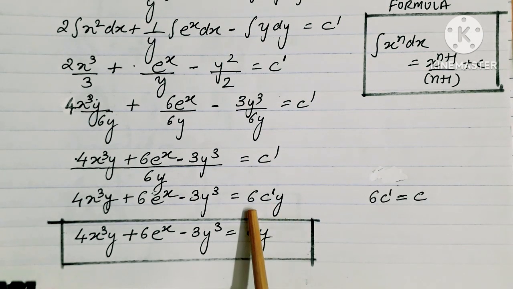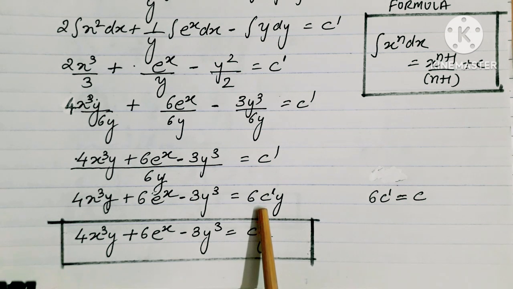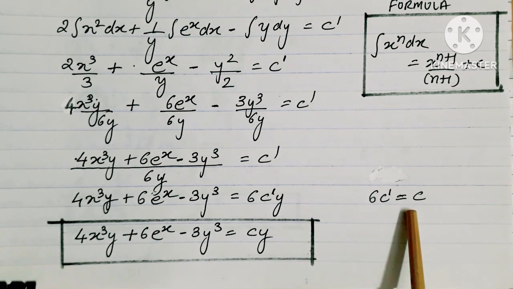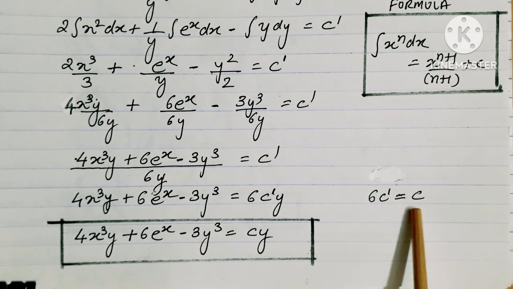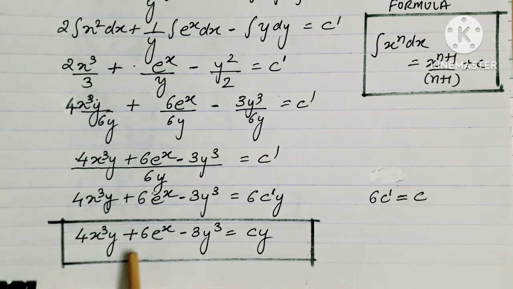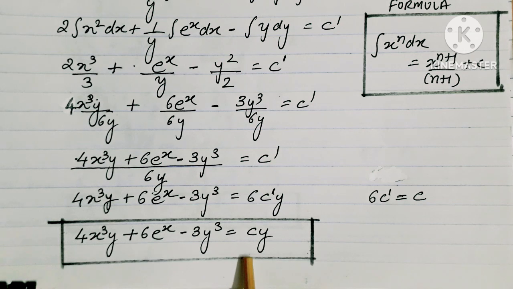Now let us write this constant 6 c dash with a new constant c. So this would be 4x cube y plus 6 into e raised to x minus 3y cube is equal to cy. And this is the solution to the given differential equation.